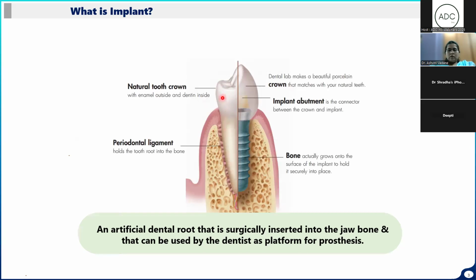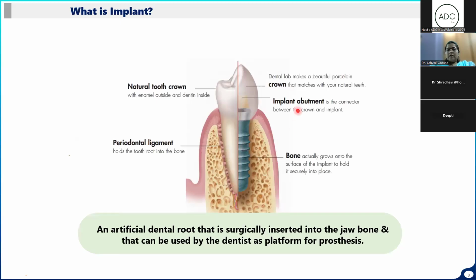The lower part is the root of the tooth, and it is bound by the periodontal ligament, which holds our natural tooth into the bone. So in natural tooth structure, the periodontal ligament plays an important role.